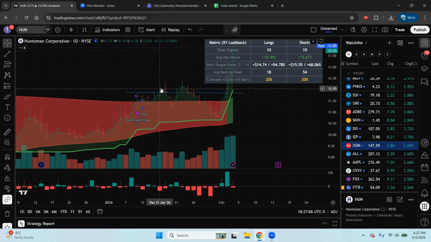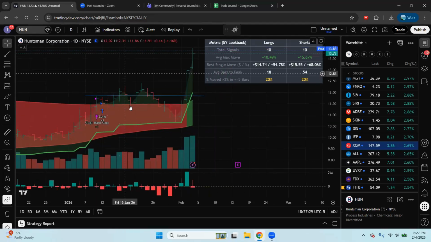Then I assess my distance to my stop loss level, which in this case is the higher of the ATR or the ribbon. So in this case, we go from 12.04 to 10.60, which is about $1.44. It's a little higher than I would like for that 10% range. So I sit this trade out. I wait for it to come back.